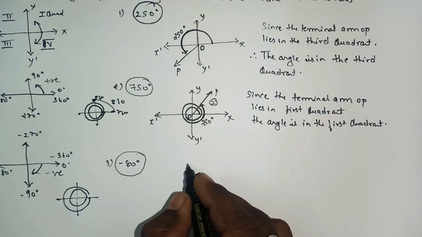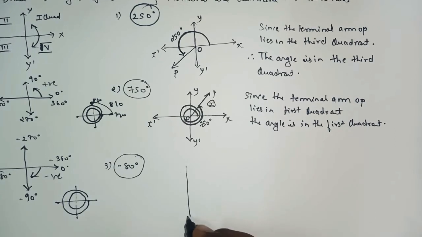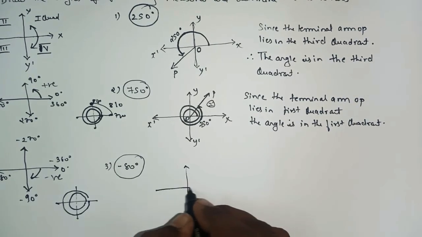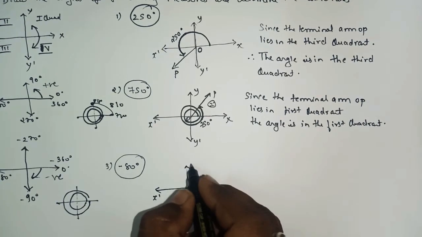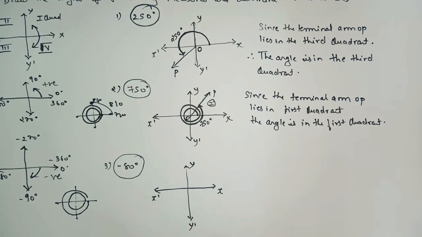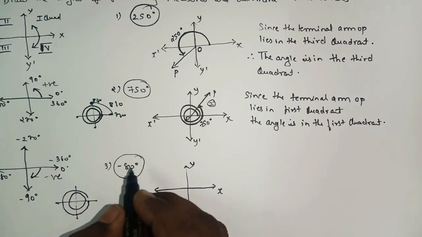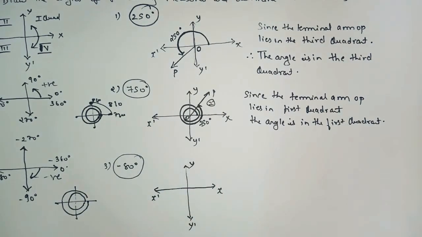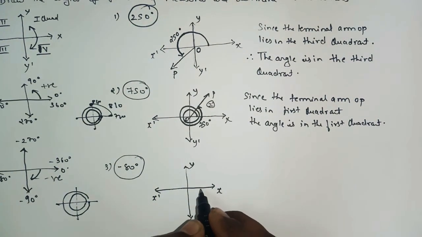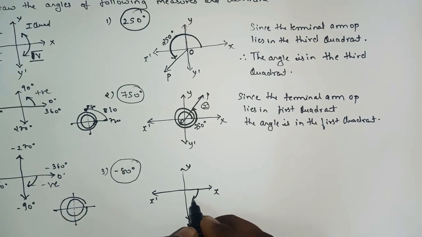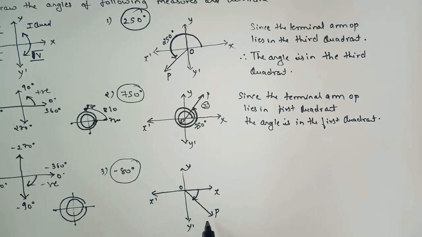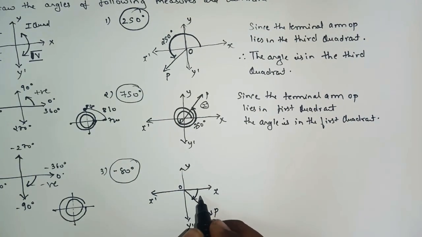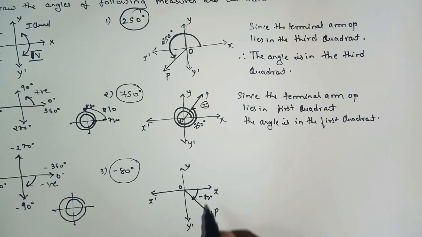So here we'll draw the diagram first, simply by showing the axis. This is x dash, y dash, and we know that minus 80 is a negative angle, so the position, it will start from here, yes or no? So somewhere it will come here. So this is O, this is P. So this angle which it makes, it's what? Minus 80 degree.